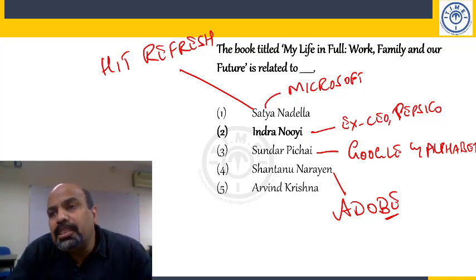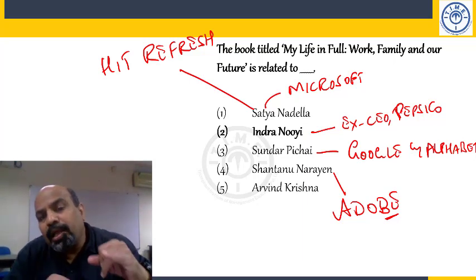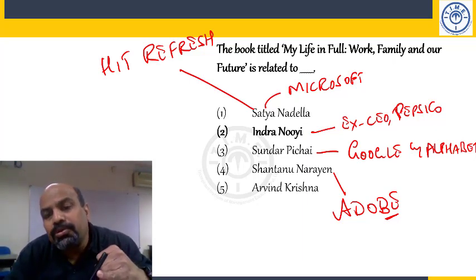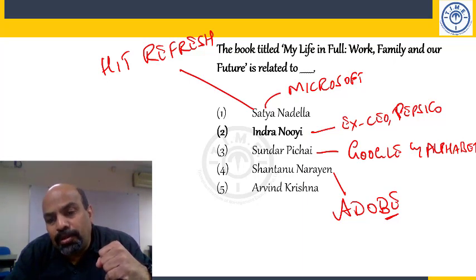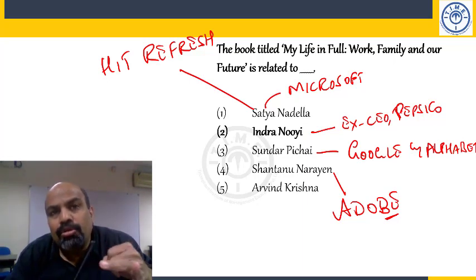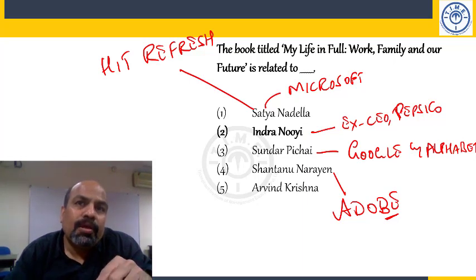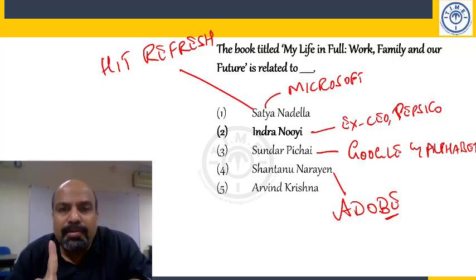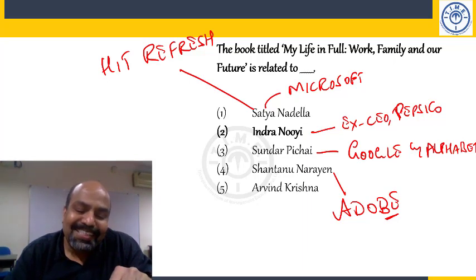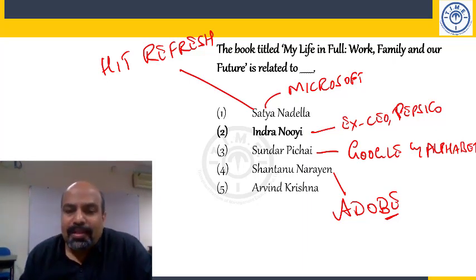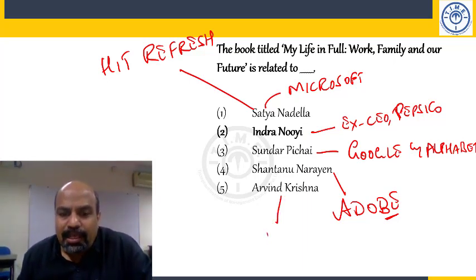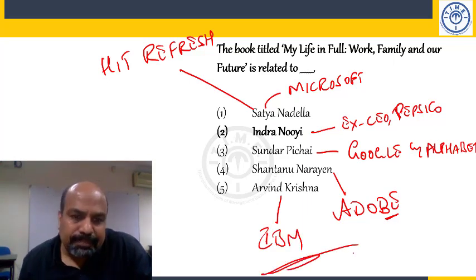Adobe Systems. He is considered one of the 25 best CEOs in the world. And among these 25 CEOs, you find Shantanu Narayen, you find Satya Nadella, you would find Sundar Pichai, and you would find one more Indian called Ajay Banga. He is ranked number 1. Ajay Banga is the CEO of MasterCard. Arvind Krishna, CEO, IBM, International Business Machines.